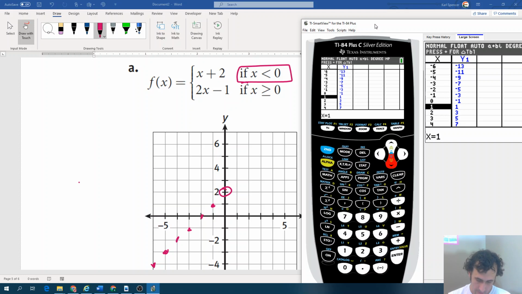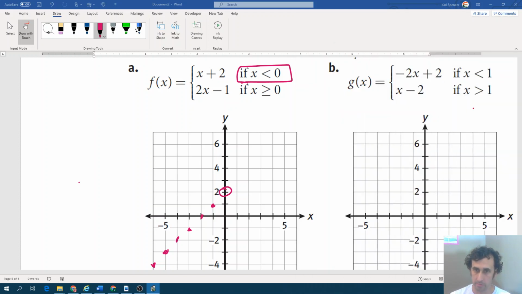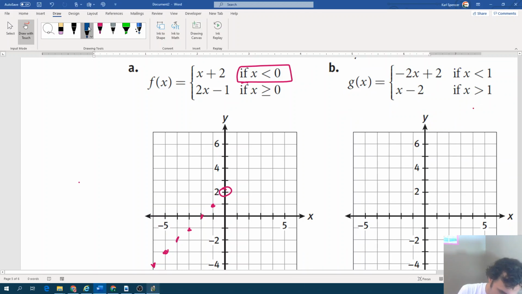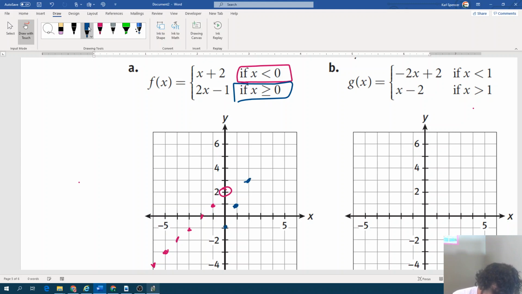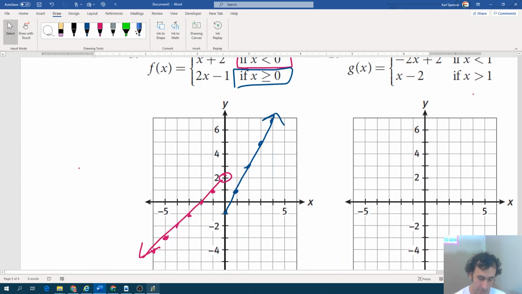Again, you can pause the video for those points. I'm going to move this aside so I can graph it myself. So we're going 0, -1. Plotting my points. Now I can draw my lines, and there would be my piecewise function using the table of values.